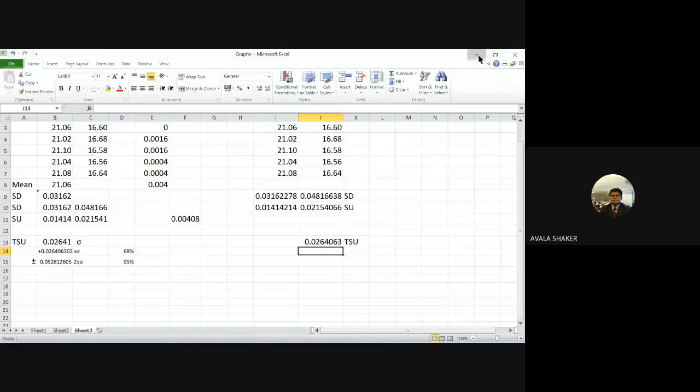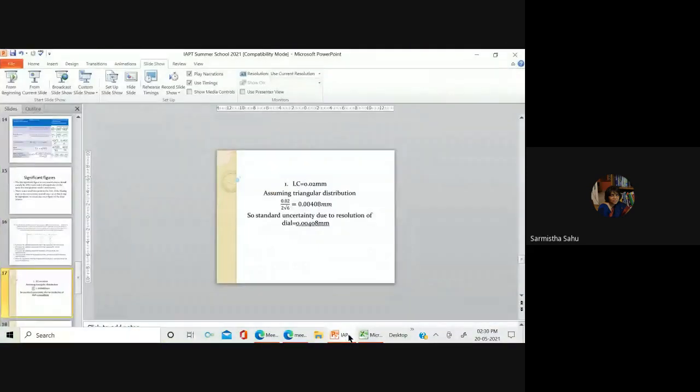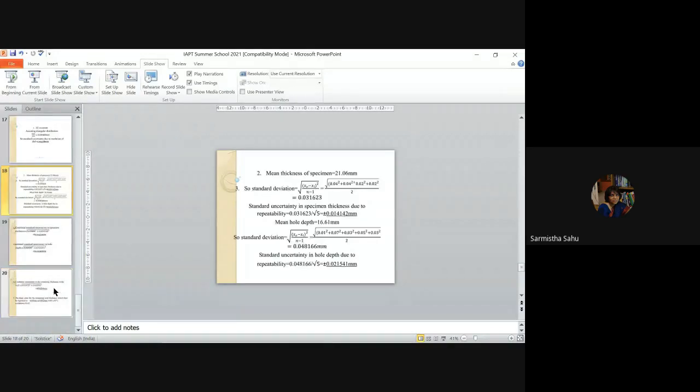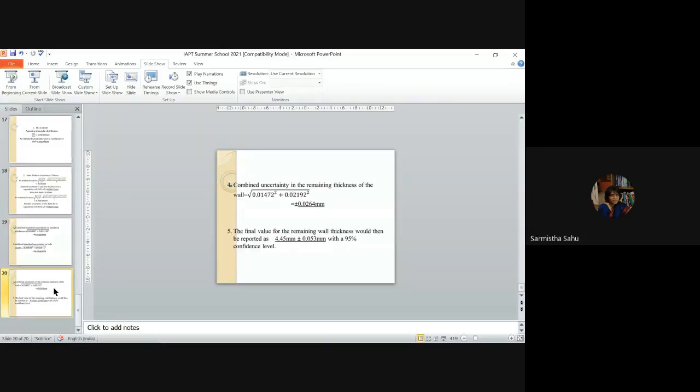Just 1 minute. Why are you adding up the thickness and the depth? Does the question ask you to do that? You will do this uncertainty calculation provided you have added two quantities. In this case, is the question requiring that the thickness and the depth should be added?